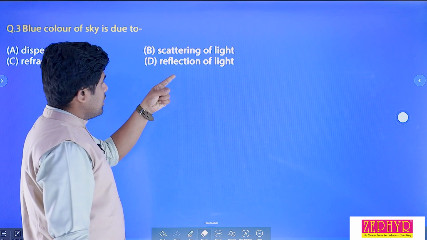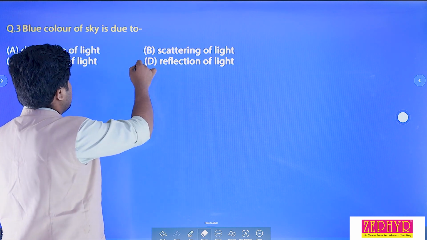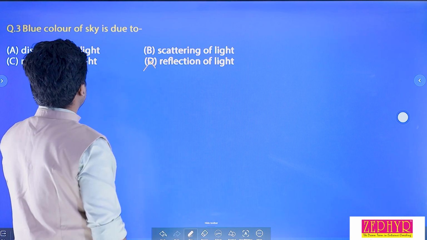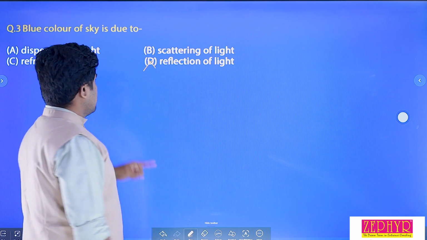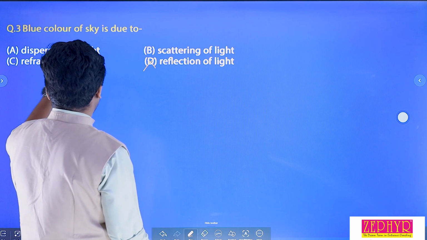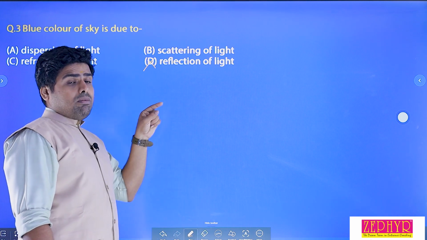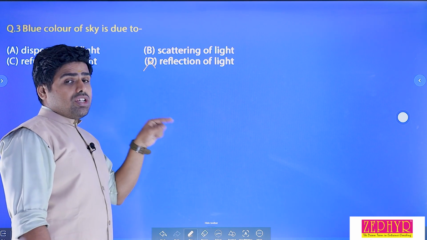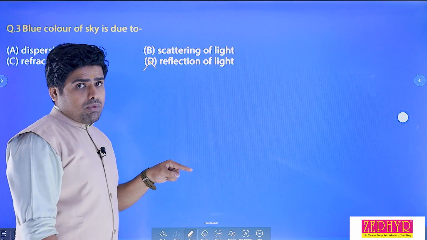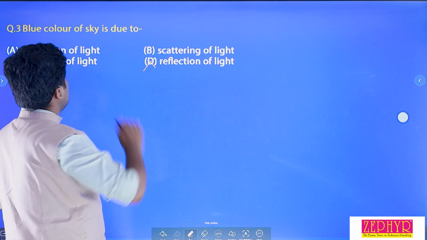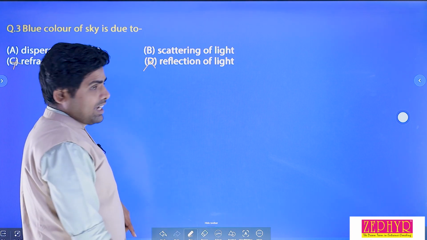It is not a reason for the blue color of the sky. Then option C, refraction of light. Refraction means bending of light when it travels from one medium to another medium. So it is not a reason for the blue color of the sky.